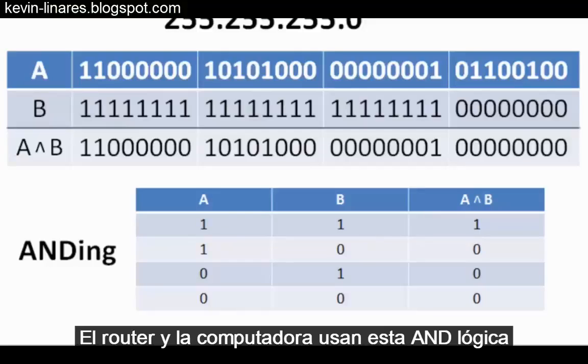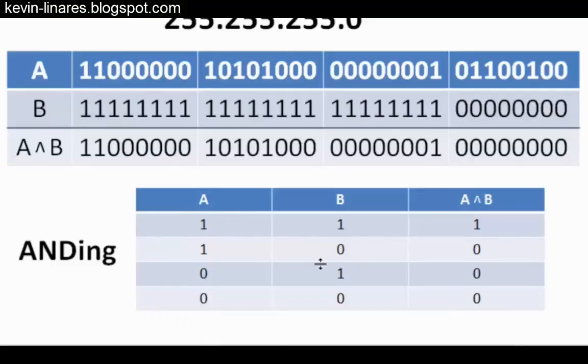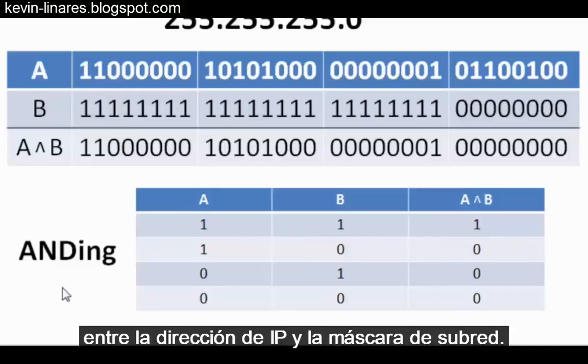The router and the computer use this logical ANDing with 1s standing for true and 0s standing for false to do a logical ANDing operation between the IP address and the subnet mask.